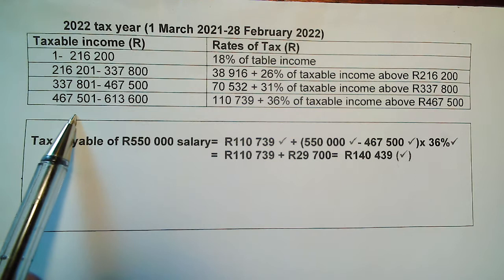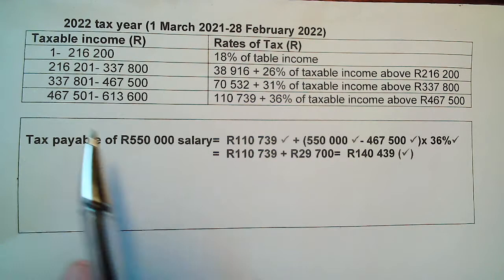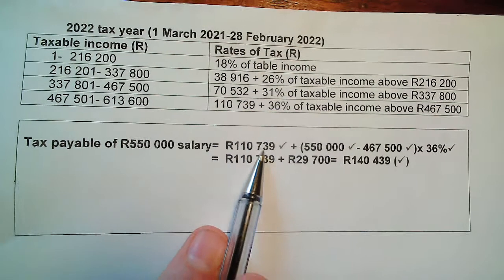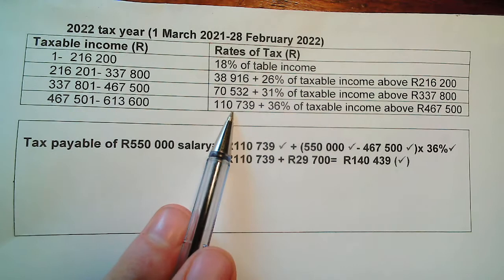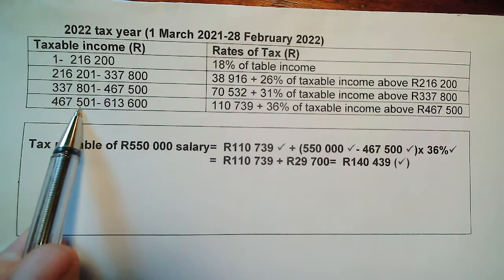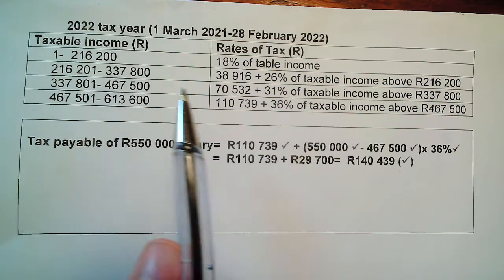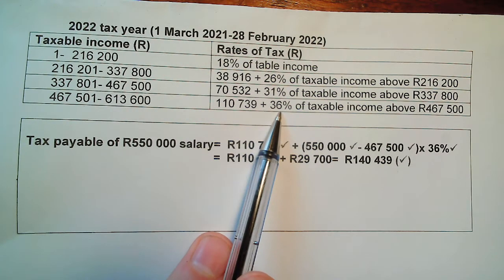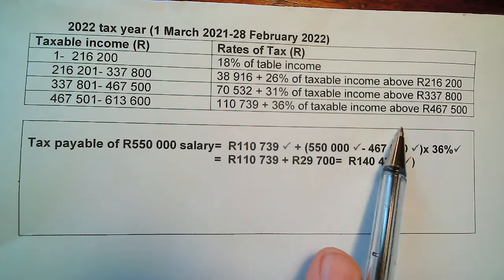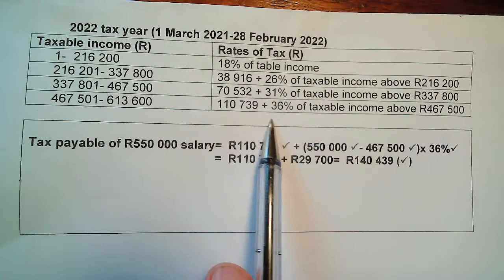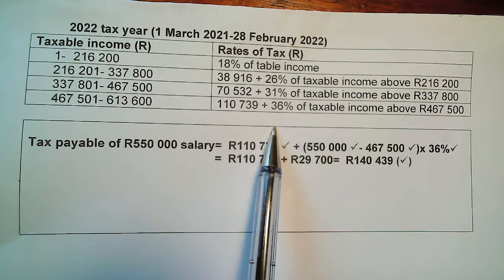Okay, which means I'm going to pay the 110,739, which is over there, and then whatever I've got above that 467,501, I will pay 36% tax on it. So basically you're using this information over here.